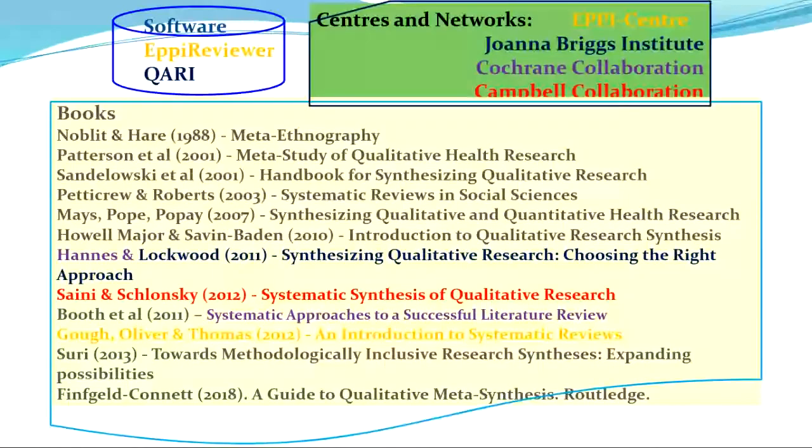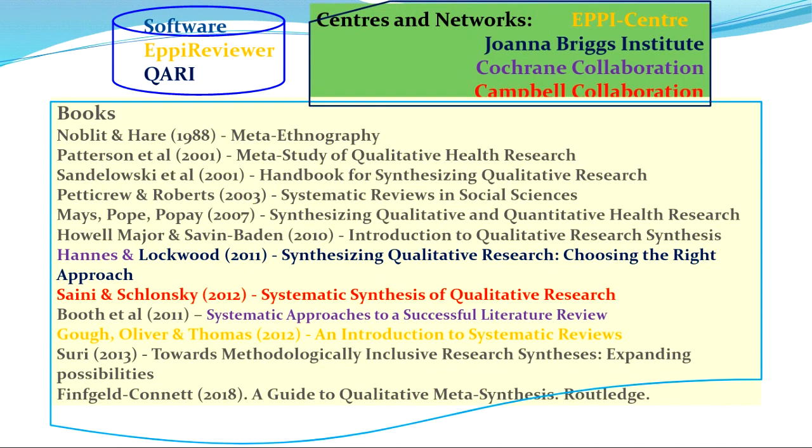And also in the previous lecture, we talked about the many resources that are available here. Here are some of the different types of resource. So we have a list of the books that are specifically on qualitative evidence synthesis, or in which it features prominently. We have the software in the form of EPPI-Reviewer from the EPPI-Centre and QARI from the Joanna Briggs Institute.